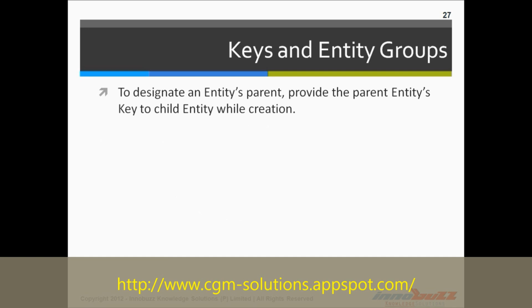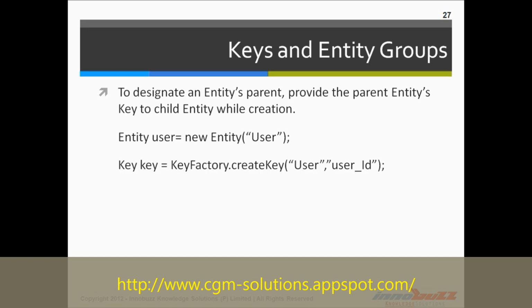To designate an entity's parent, provide the parent's key to the child entity while creating it. If you want to make a parent to a child, just pass the parent key to the child entity's argument. For example, user is an entity of kind user.